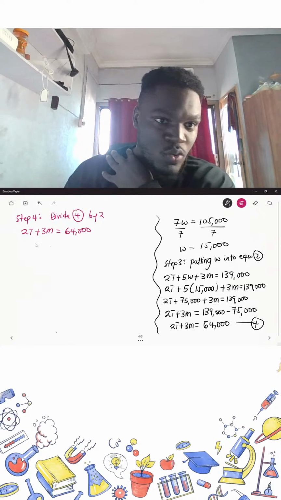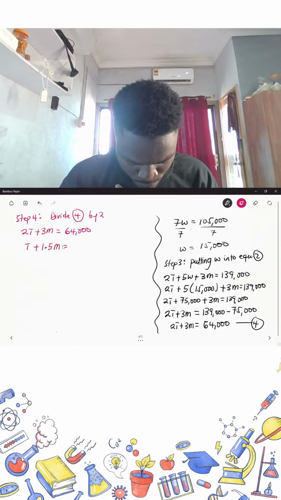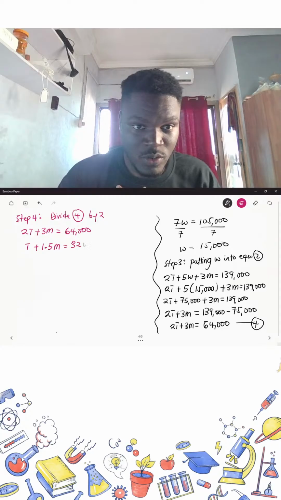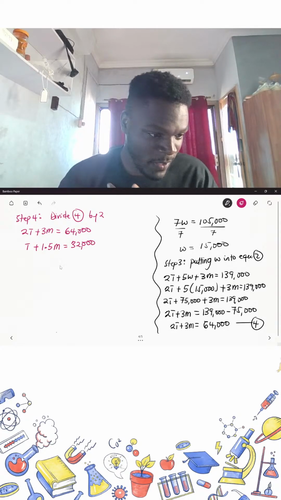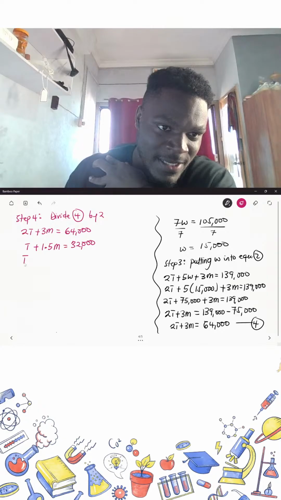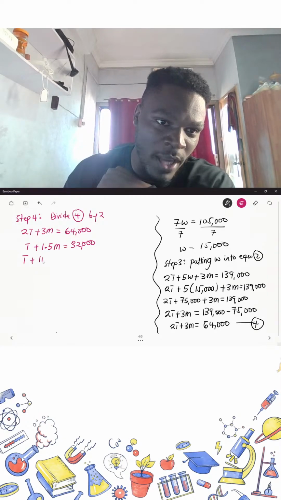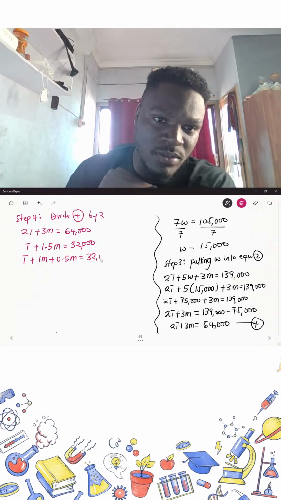If I divide by 2, I'll get t plus 1.5m is equal to 32,000. Now I can rewrite this as t plus the 1.5m. I can write it as 1m plus 0.5m is equal to 32,000.